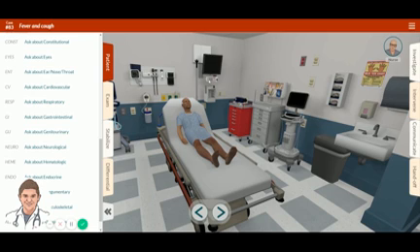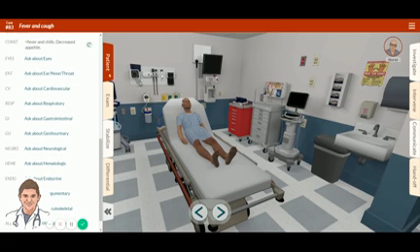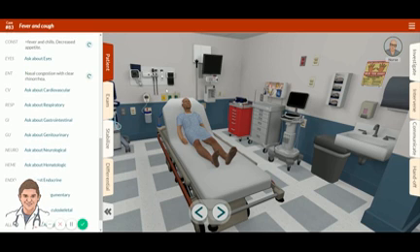So what I'm going to look at here is I definitely want to ask him about constitutional symptoms such as fever and chills, which he has had. Ask him about cough, congestion, ear, nose, and throat symptoms because that definitely would be common with a respiratory illness.